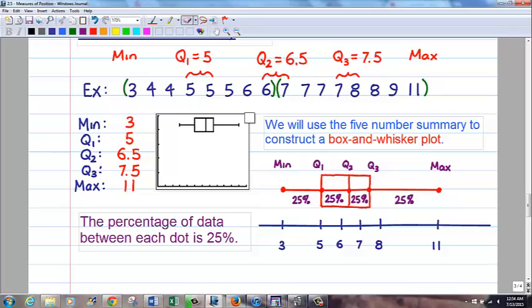That fits in Q1. And the second 5 are 25%. That's from Q1 to the median. The next 4 are from Q2 to Q3. And the last 4 from Q3 to the max. So there are 4 numbers represented, 25% of the 16 numbers.